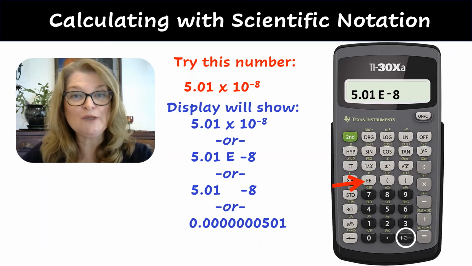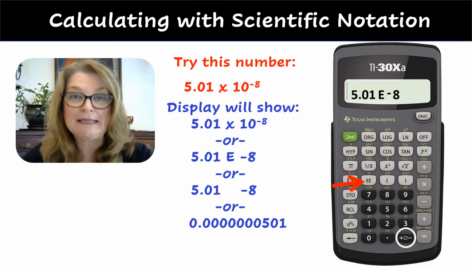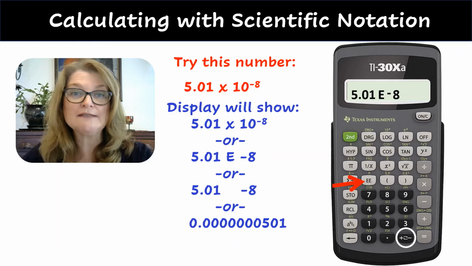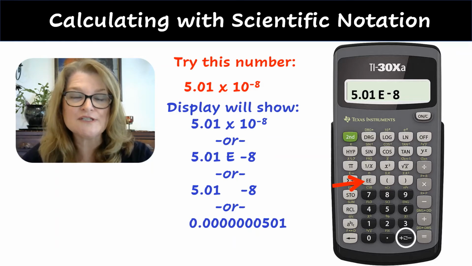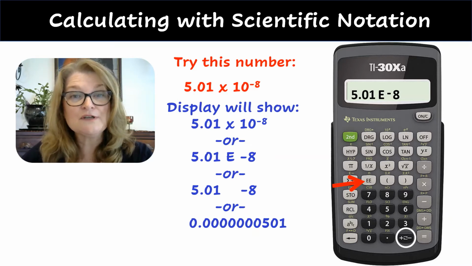In which case, you need to know that the E means times 10, and when you write your answer on your paper, you can't write it as 5.0E, you need to write it as 5.0 times 10 to the negative 8. Or your calculator might show 5.0 with a space and then a negative 8, in which case you need to understand that that space also means times 10. Or if there was enough space in your screen, your calculator might have actually taken it out of scientific notation and displayed it in standard form.